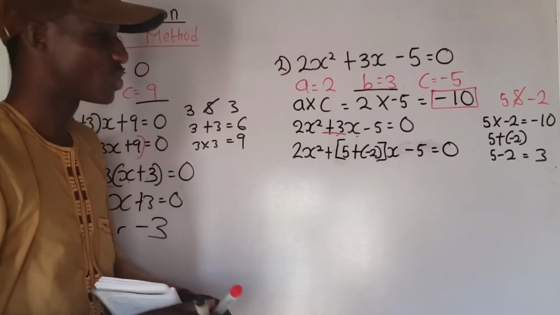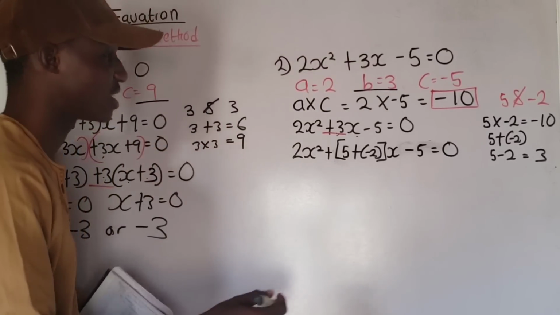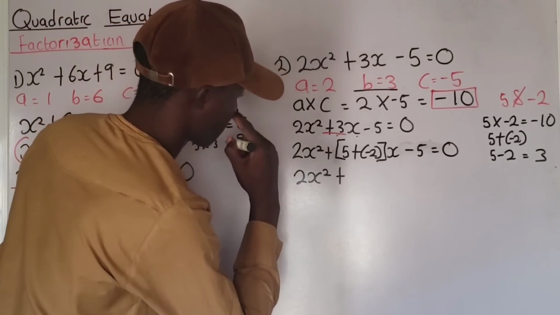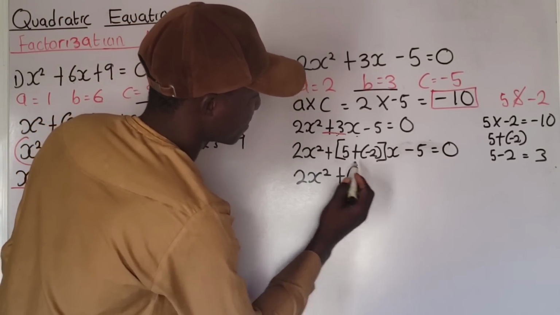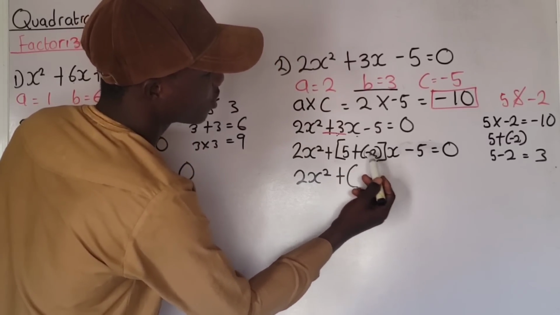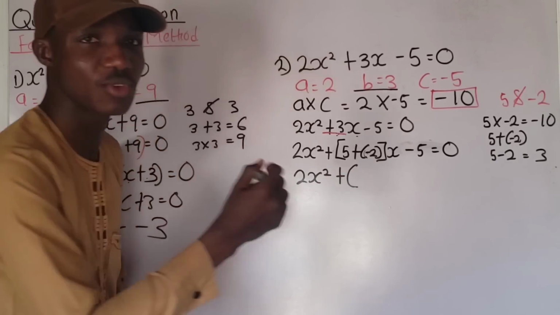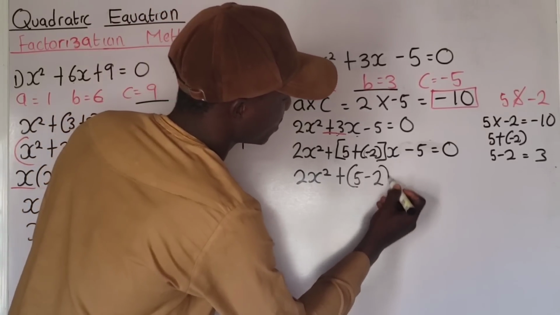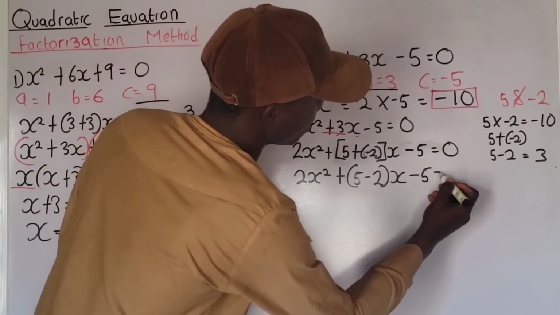You understand? So you just pay attention, you're going to understand. Here I'm going to have 2x squared plus, in bracket, 5 plus in bracket minus 2. Negative times positive will give us what? Negative. So I'm going to have 5 minus 2 in bracket, x minus 5 equals 0.